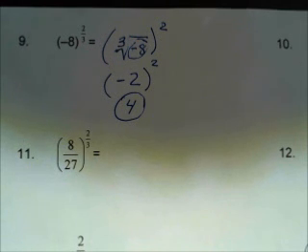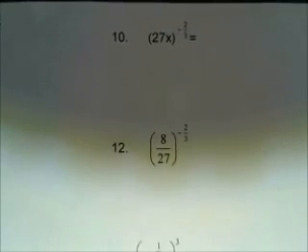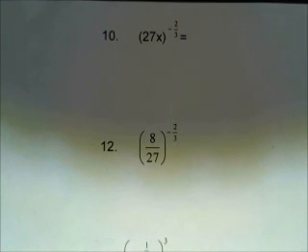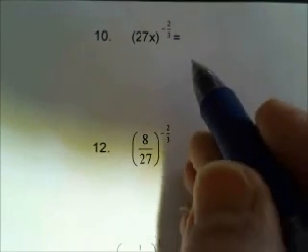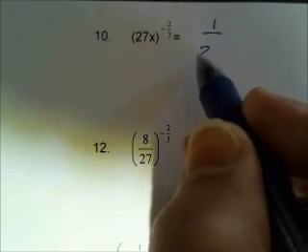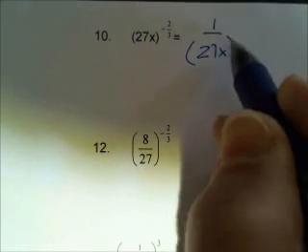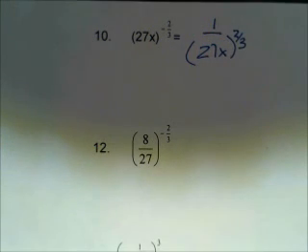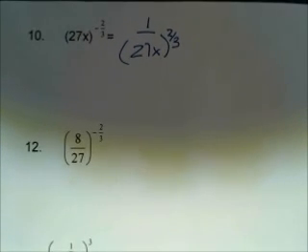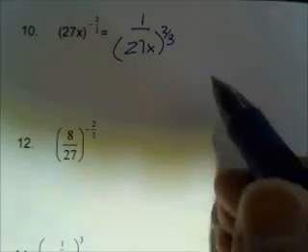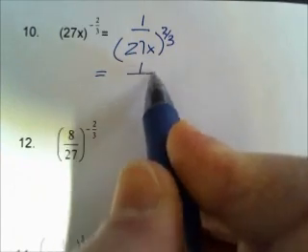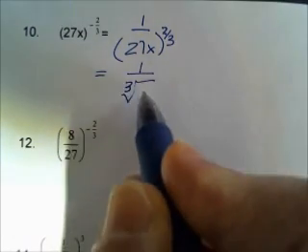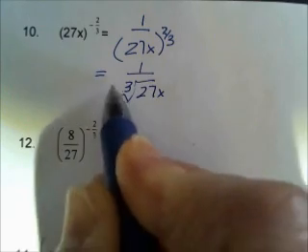Number 10. 27x raised to the negative 2/3. Take care of the negative first, right? By writing it as 1 over 27x raised to the positive 2/3. The denominator is the root, so this is going to be equal to 1 over the cube root of 27x squared.